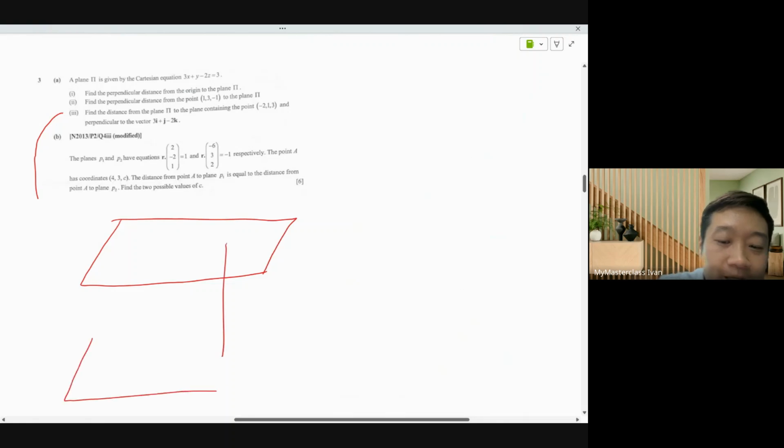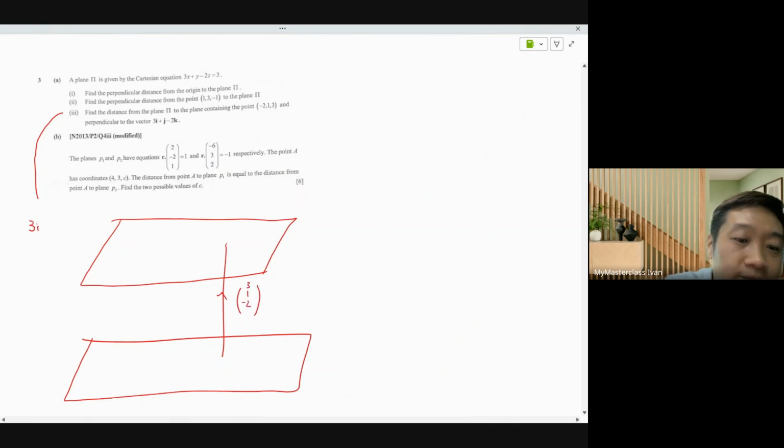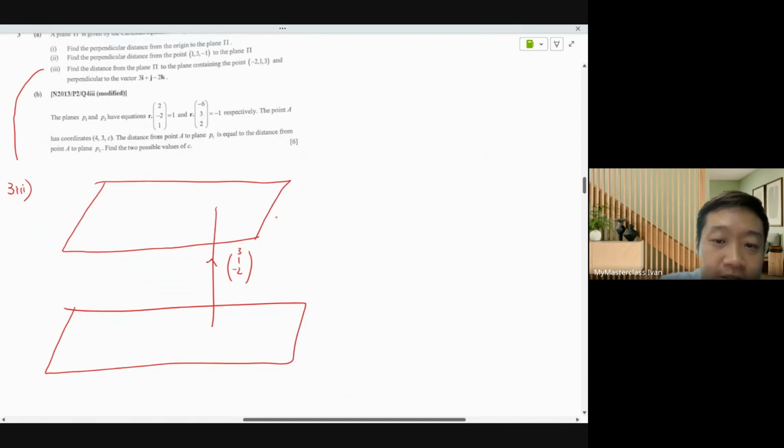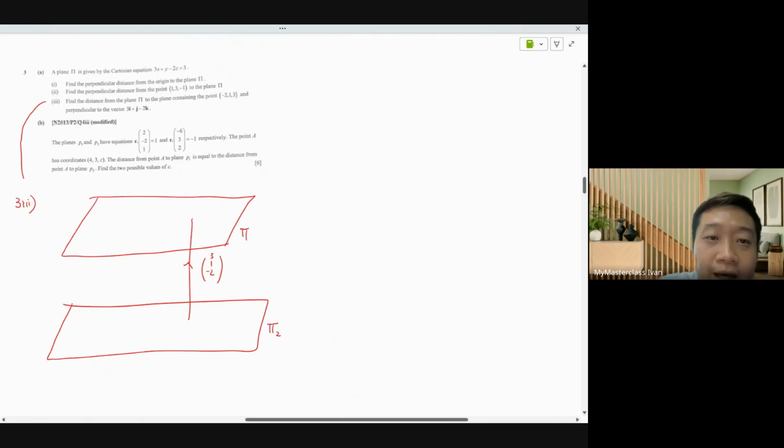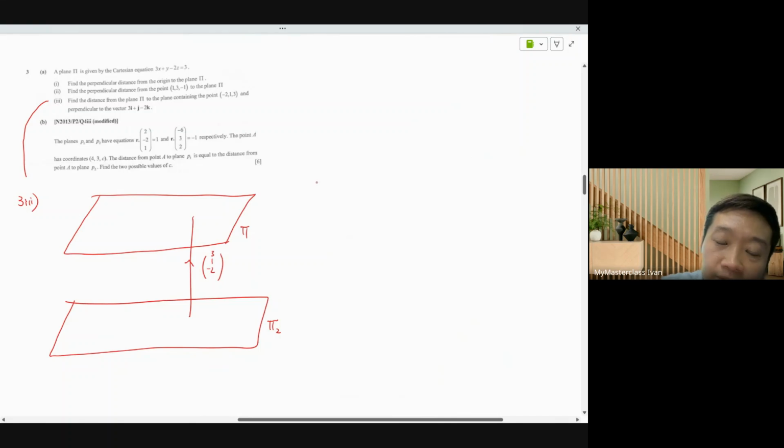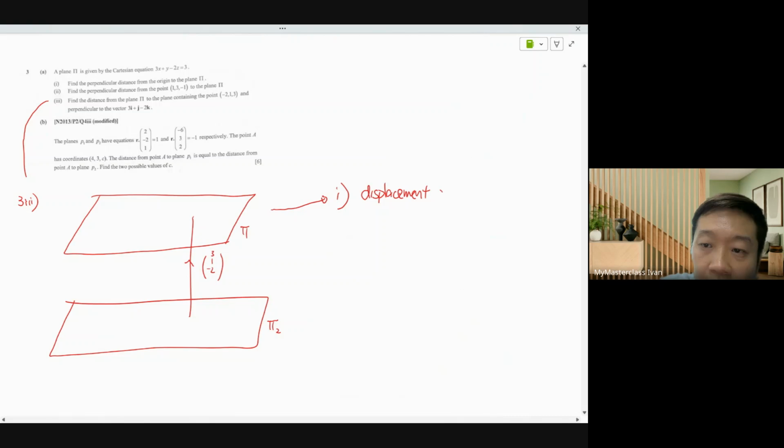Because both planes are parallel, both of them have the same normal, right? (3, 1, -2). I'm talking about part 3. So this is pi 1, and then this is, let's say, pi 2. I know from part 1 the displacement of pi 1 to origin.